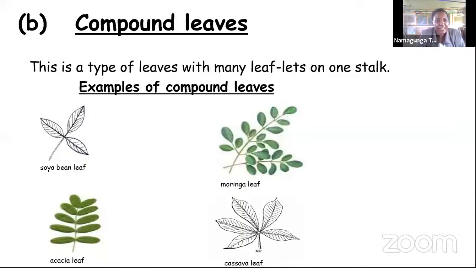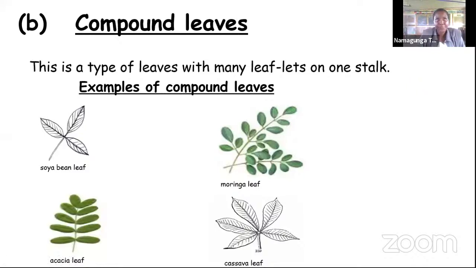I know in your locality you will move, some have gardens. You will be exposed to different types of leaves. Yes? Now, a question I'm asking. Anybody?